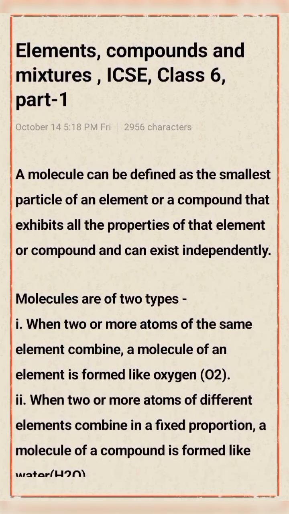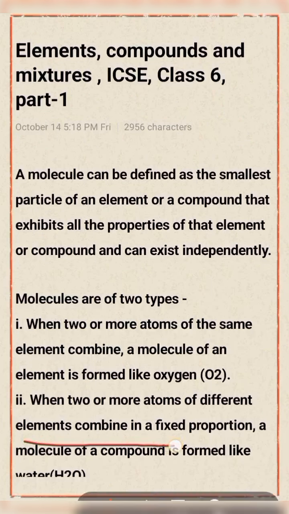Number one: when two or more atoms of the same element combine, a molecule of an element is formed, like oxygen, O2. When two or more atoms of different elements combine in a fixed proportion, a molecule of a compound is formed, like water.